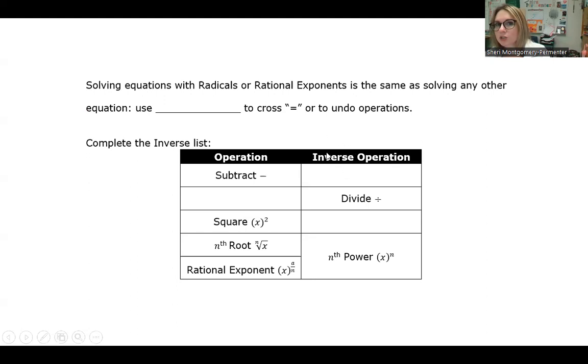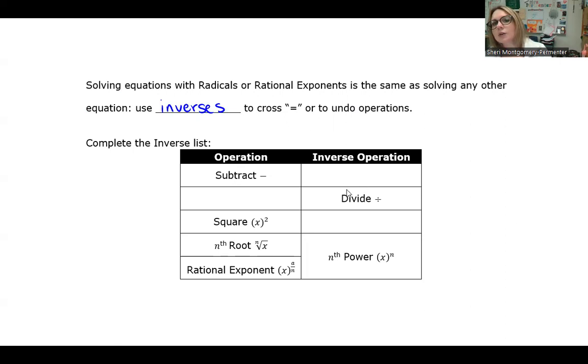What can help you undo operations? The inverse. So we can use inverses. So you know this, to cross the equal sign, if you're adding, you got to subtract. If you're multiplying, you've got to divide. We use inverses to undo operations. Y'all know this. Let's complete this inverse operation chart.